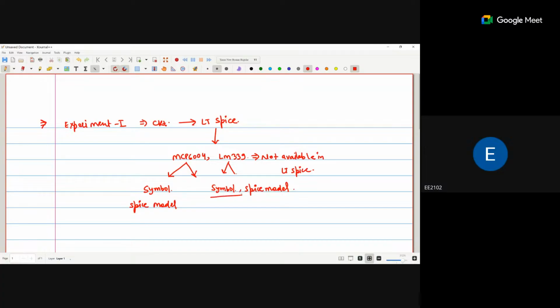Now the symbol, you know that the LM339 is basically a comparator, so the symbol of that one is the op-amp symbol. The MCP6004 symbol is also the same, but only the spice model is different.